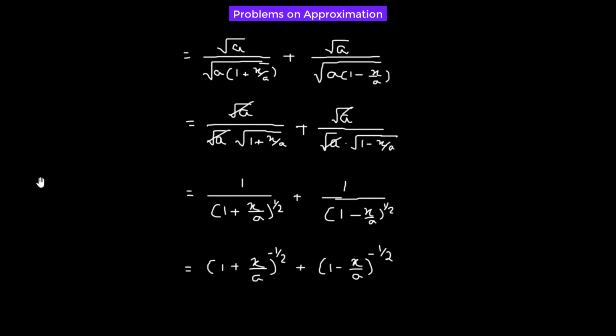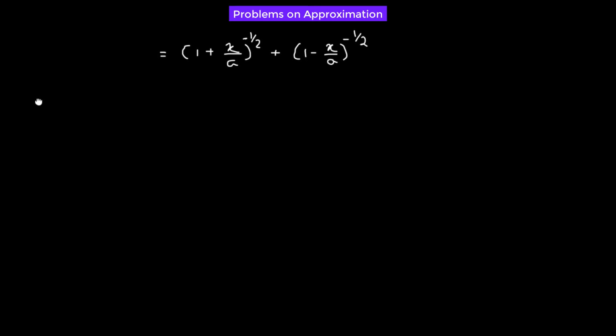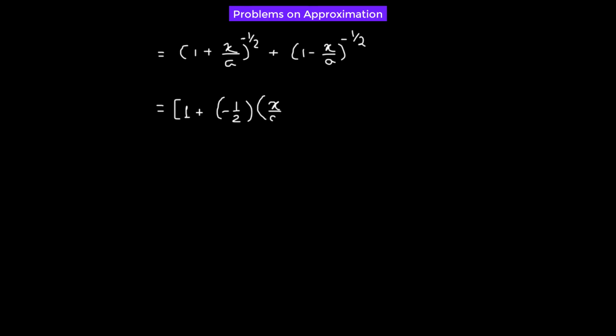Now we expand it using the binomial theorem. So we will have the first term, which is 1 plus n, here n is negative half, times x, which will be simply x over a, plus the third term, which is negative half times negative half minus 1, divided by 2 factorial, times x over a whole squared.